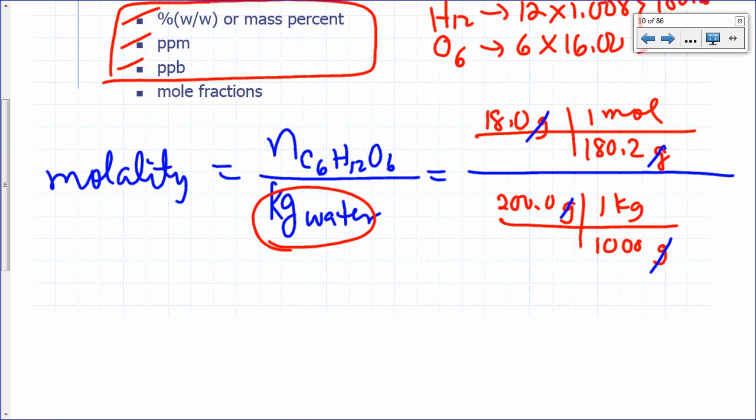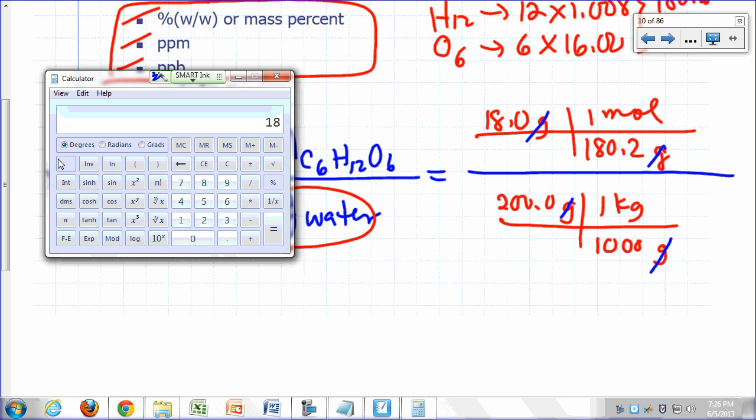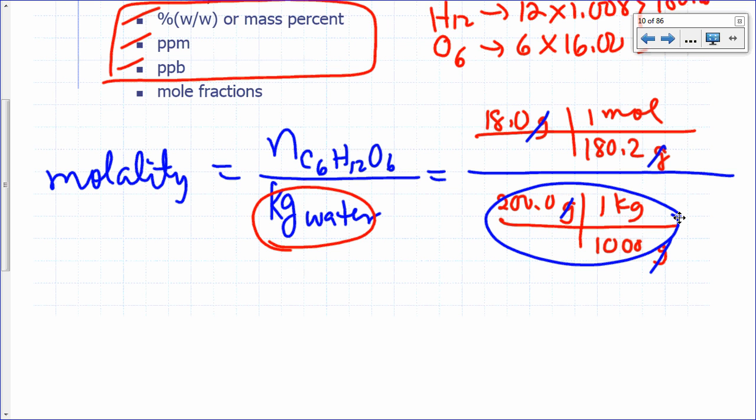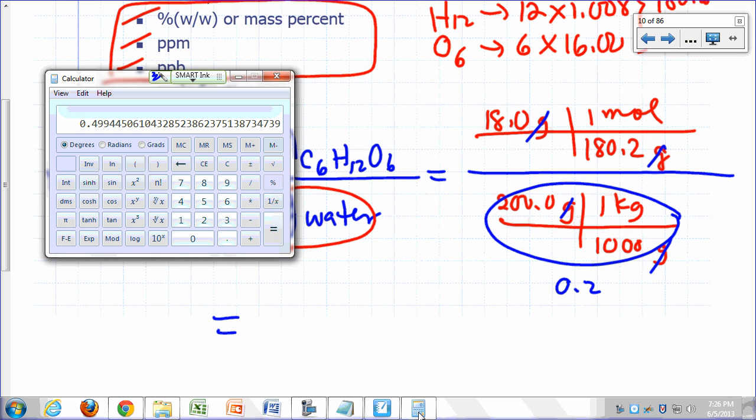So let's do that. 18.0 divided by 180.2 divided by 200. I'm just going to divide that by 0.2, okay? Why did I divide by 0.2? This thing right here, 200 over 1,000, that's 0.2. So this is going to give me 0.4994.